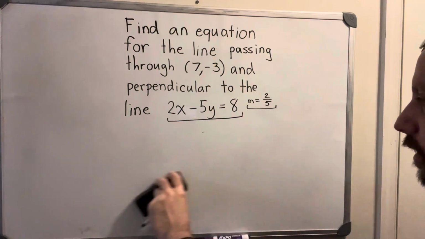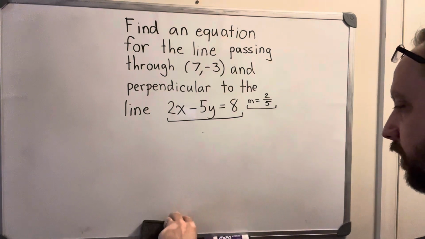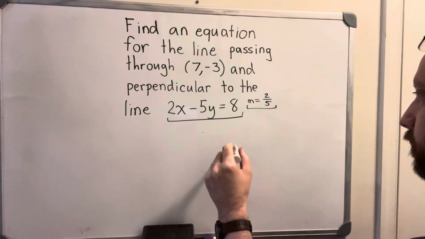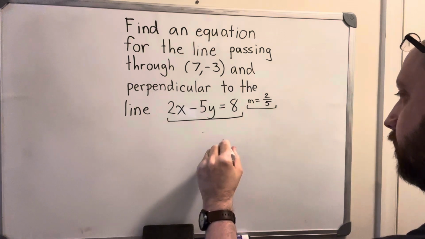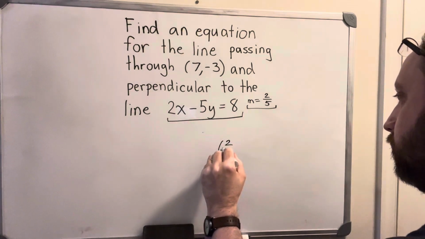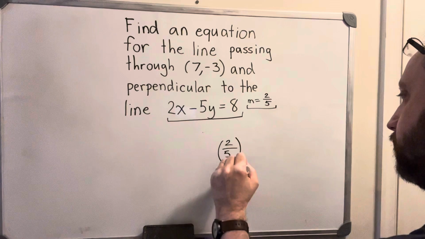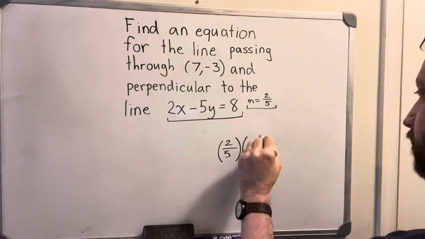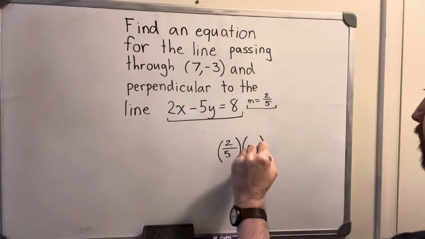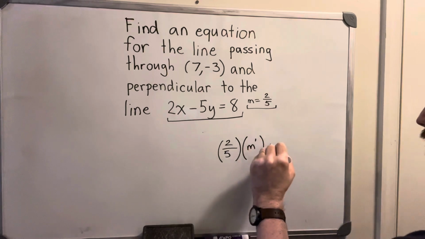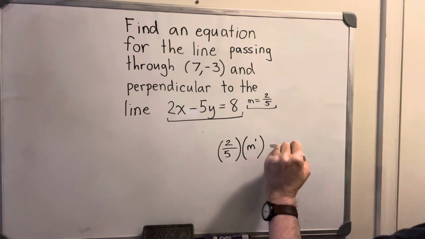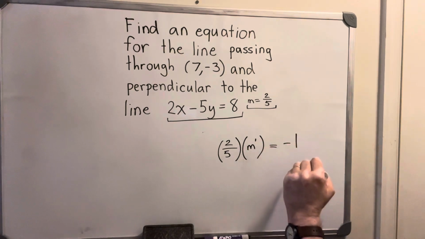Now remember that theorem of perpendicular lines? We're saying that 2/5 times the slope that we want is equal to -1.